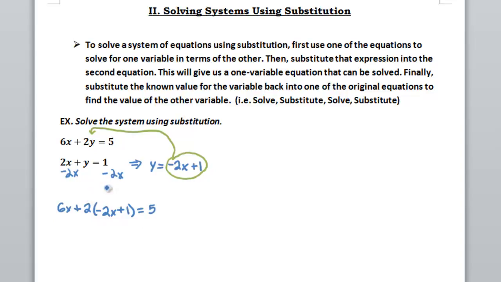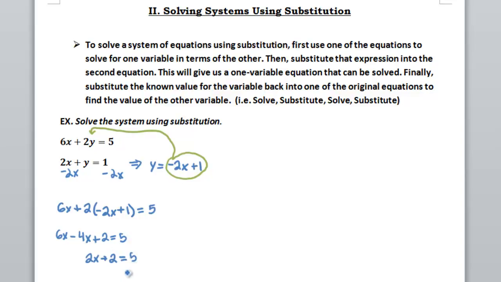First, distribute the 2. 2 times negative 2x is negative 4x. And 2 times 1 is 2. Combining like terms gives us 2x plus 2 is equal to 5.